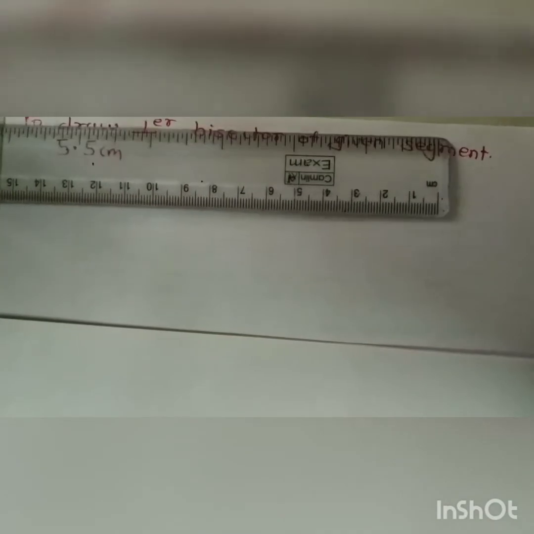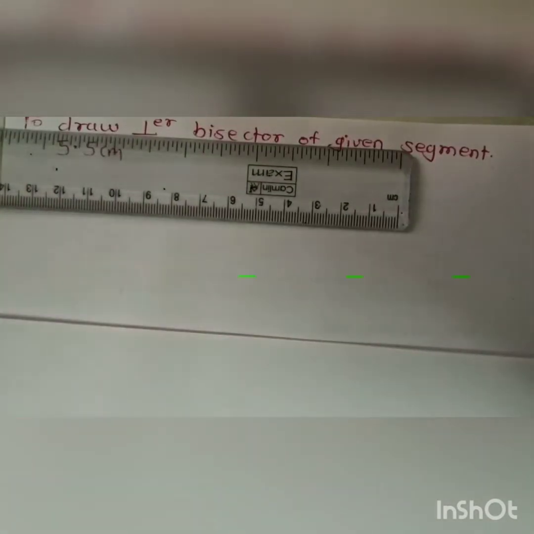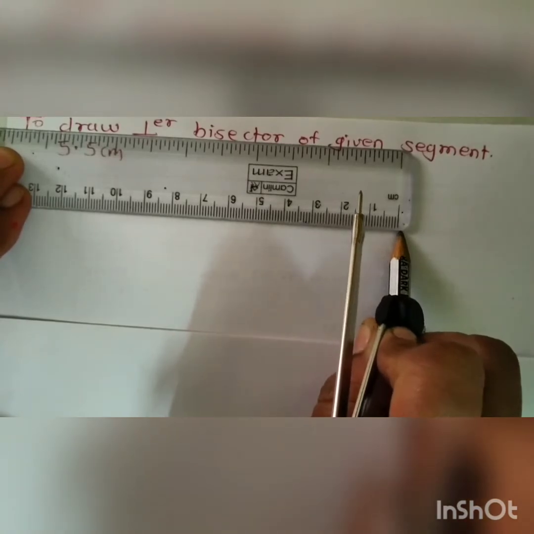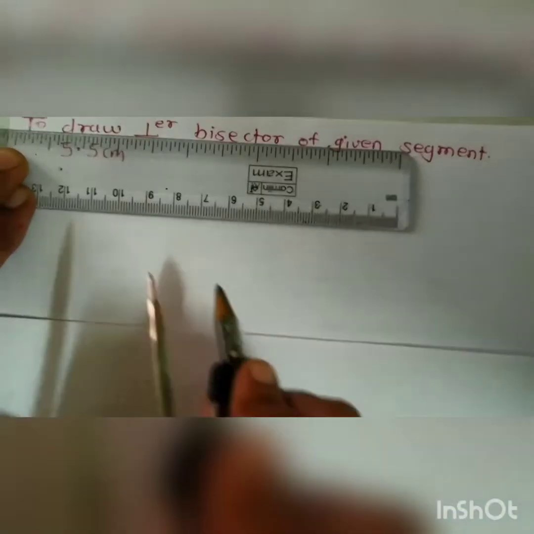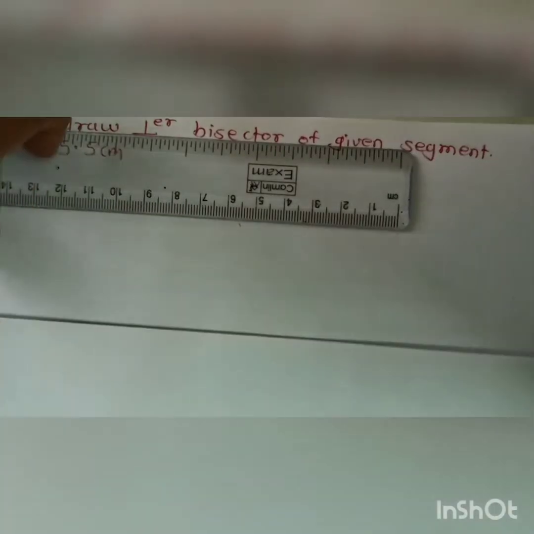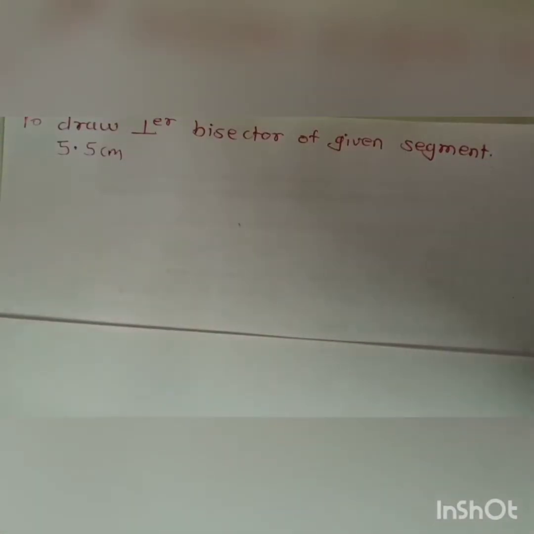When we are using the scale, remember that always count from this point. This is the first reference point and 5.5 means this one. Or you may measure from this side also.